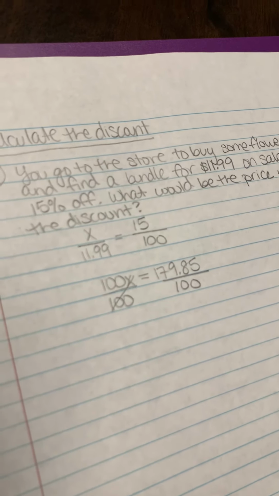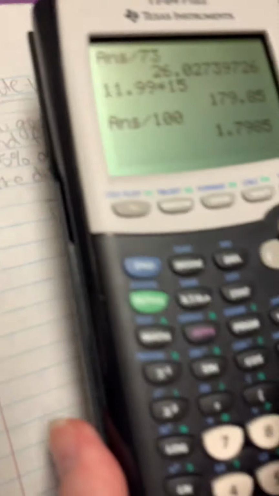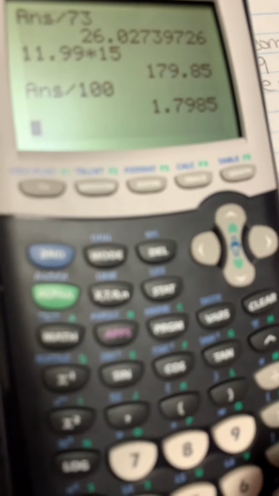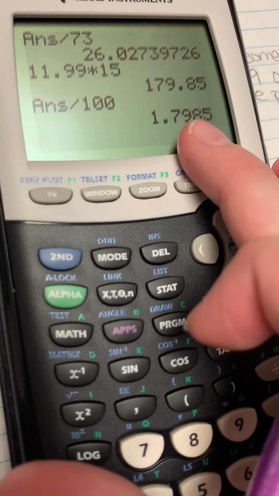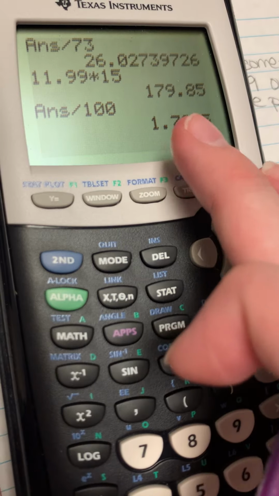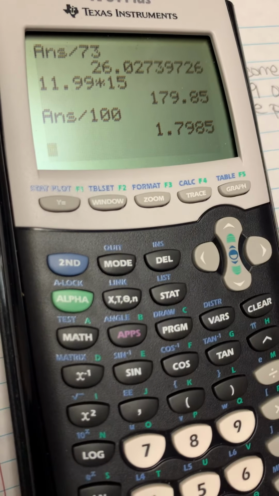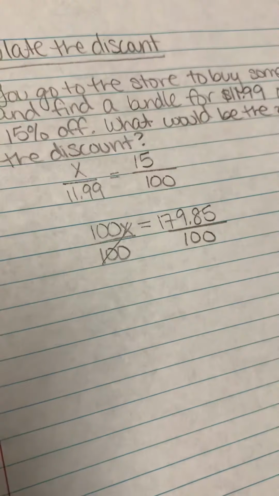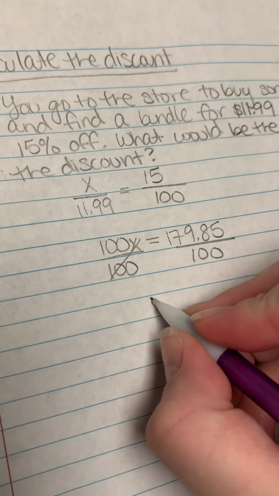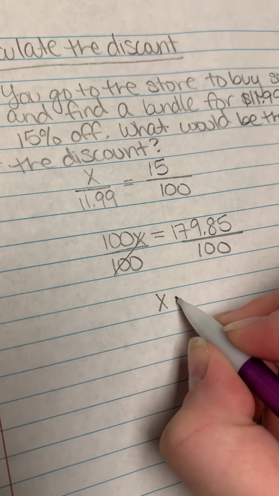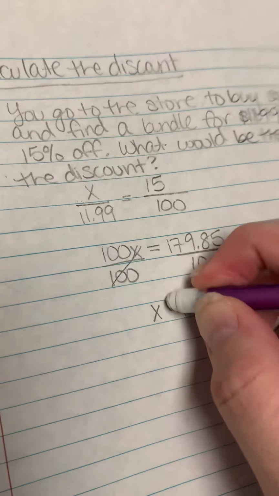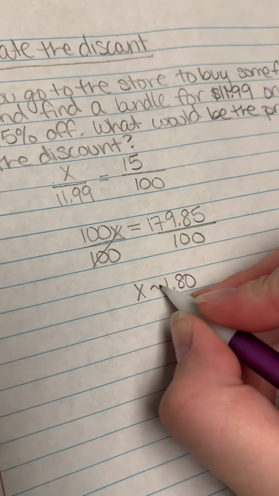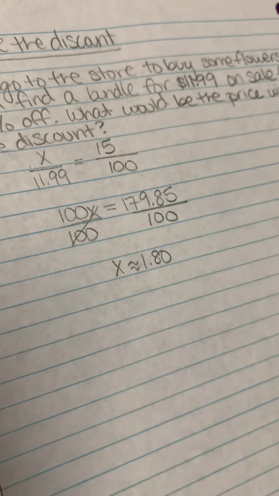When I divide that by 100, I get 1.7985. So rounding that to the hundredths, the 8 would round the 9 up, and if the 9 rounds up, that also means the 7 rounds up. So x is approximately $1.80. Computer systems will round up.